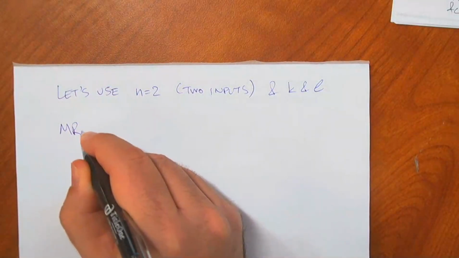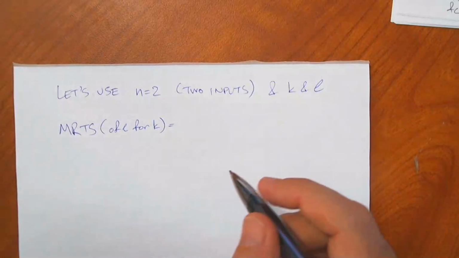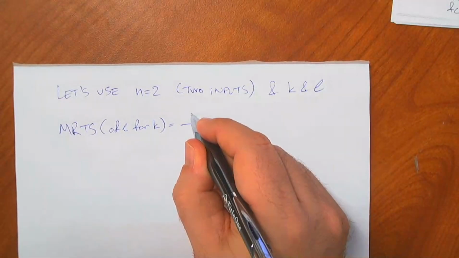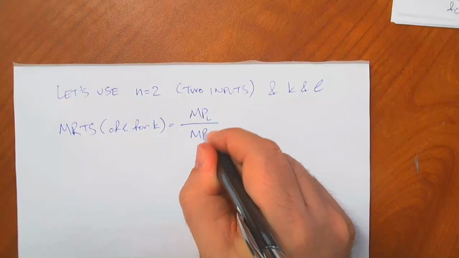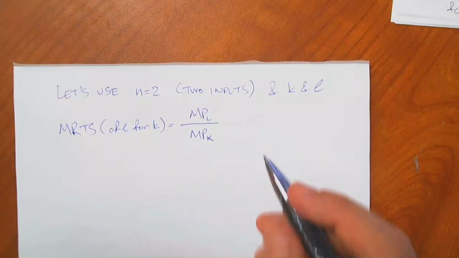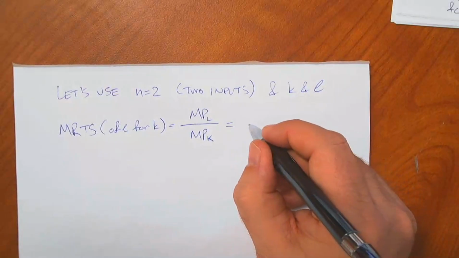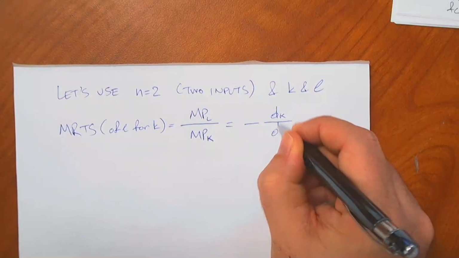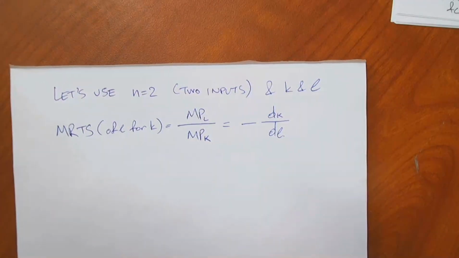So the MRTS of labor for capital is going to be the marginal product of labor divided by the marginal product of capital. So essentially what we're seeing here is that this is the minus dK over dL. So you see how this works out.